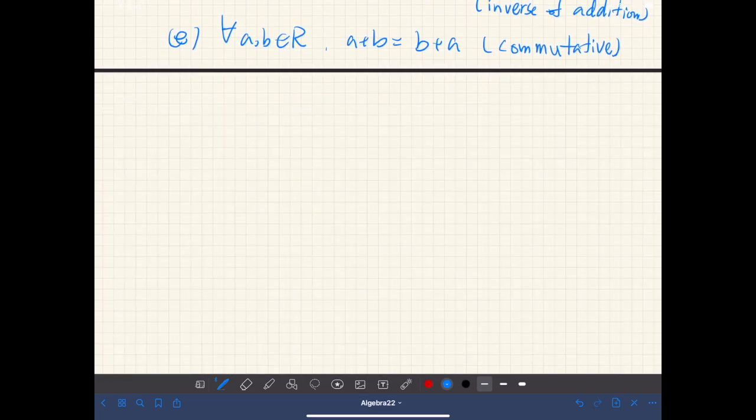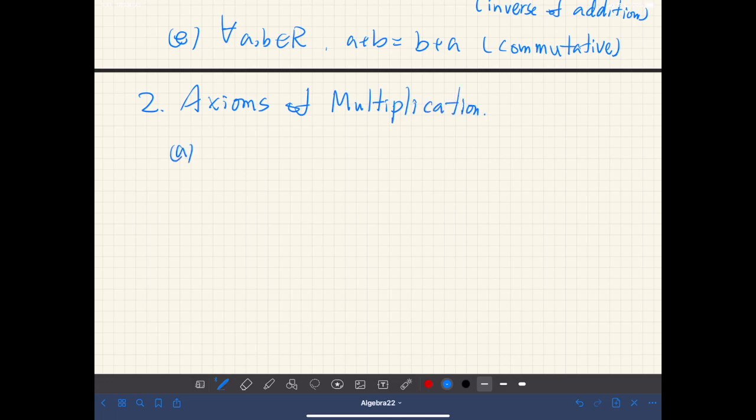Next, we define axioms of multiplication. A: for all a, b in R, we have ab, so this is a multiplication, in R. So this is again closure of multiplication. This set R is closed under multiplication.